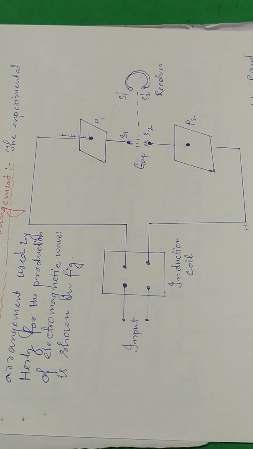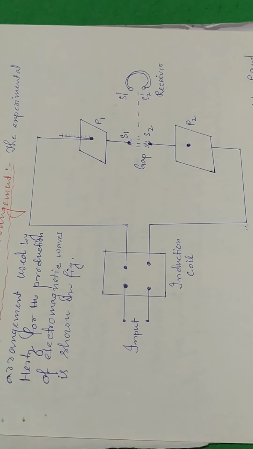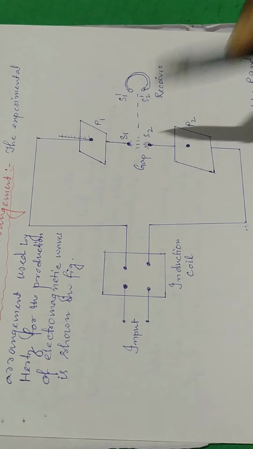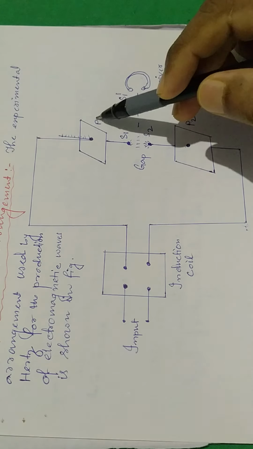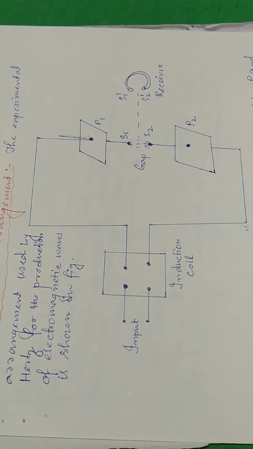Electromagnetic radiations were produced with the help of an induction coil, with plates P1 and P2 and metallic spheres S1 and S2 attached to plates P1 and P2.